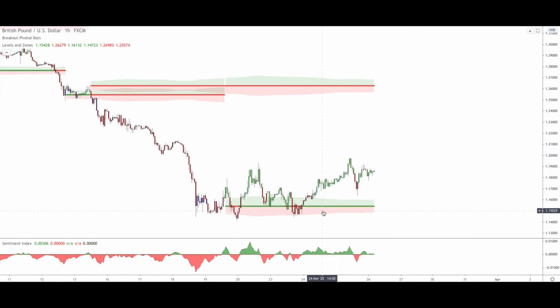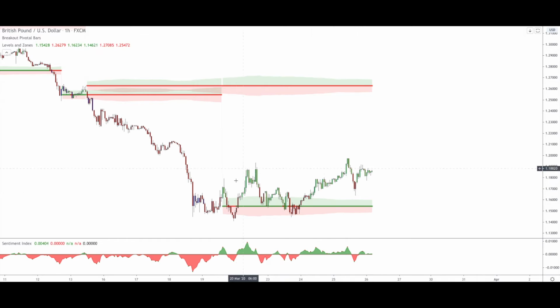Most recently it's moving sideways, but the macro view is a downtrend. Considering this movement, and in particular with our indicator, the levels and zones, we can see that we have a resistance up here and a support down here.